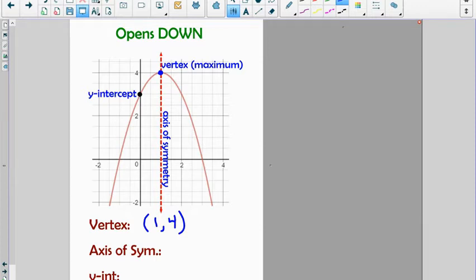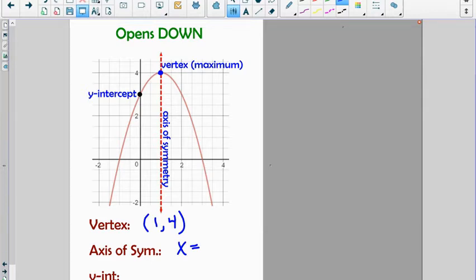The axis of symmetry is that line that goes right through the vertex. And because it's a line, we can write an equation to represent that line. All vertical lines can be represented as x equals a number, and that number comes from the value of where the line crosses the x-axis.